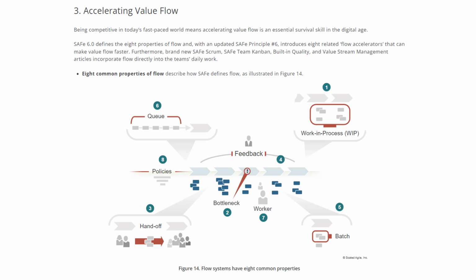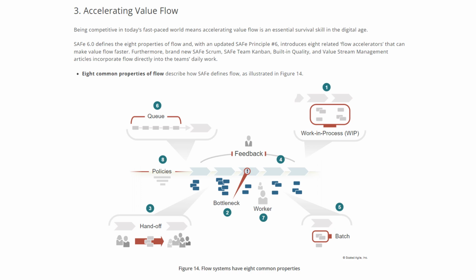Furthermore, brand new Safe Scrum, Safe Team Kanban, built-in quality, and value stream management articles incorporate flow directly into the team's daily work. So we'll go one by one. We will discuss that, and if time permits, I'll put a separate video about all of these topics as well.